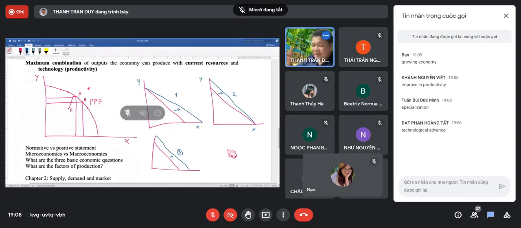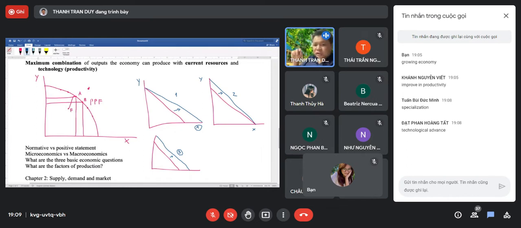Yes, what kind of good? X or Y? Now, diagram 1 shows that productivity of the production of good X increases and productivity of good Y stays the same, and there's nothing changed in the number of inputs.